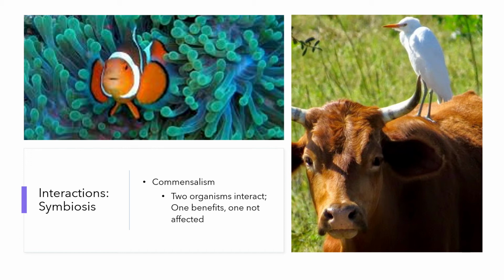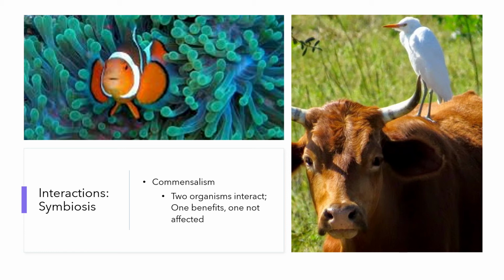Another relationship is egrets. That's the white bird you see here, and any sort of bovine or ungulate, they're going to be surrounding them. Water buffalo, bison, cows, elephants, even. The egrets are attracted to these animals because they're big and they're smelly and they attract a lot of bugs to them.